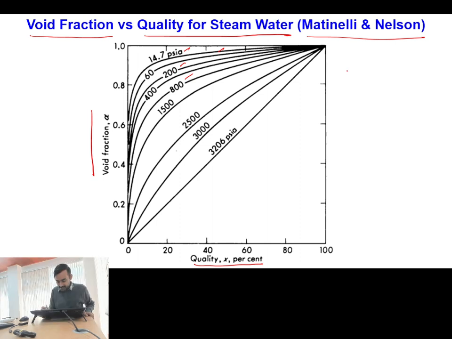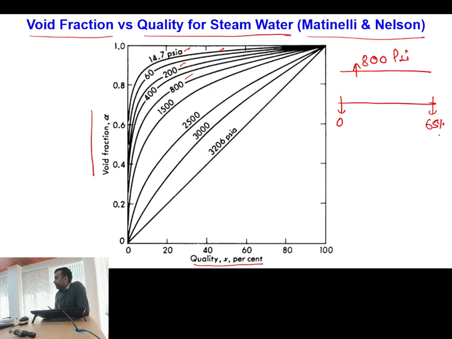It means that it is given to you that you have some pipe, and this pipe is maintained at a pressure of 800 psi. In this pipe the starting quality is 0 and the exit quality is say 65%. You need to determine the void fraction within this pipe.